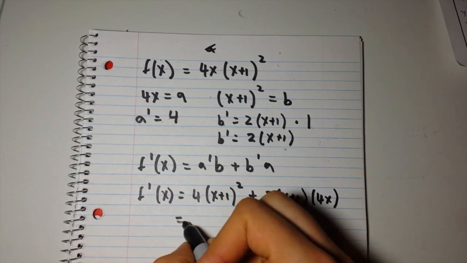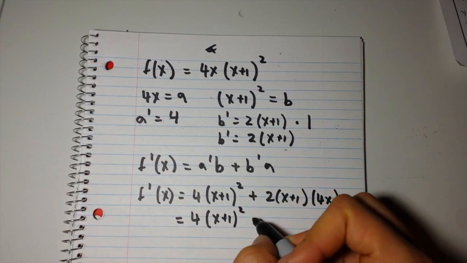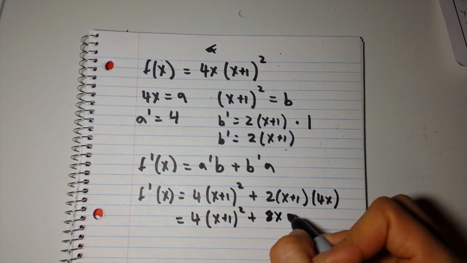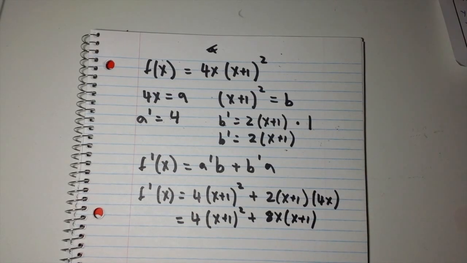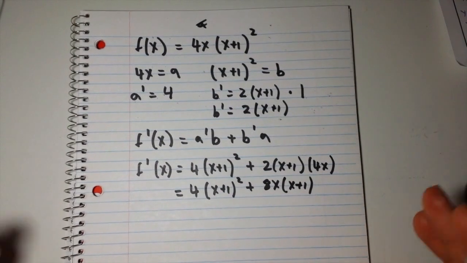To simplify, we can go 4 times x plus 1 squared plus 8x times x plus 1. We can even factor out an x plus 1 if we wanted to, but I don't think it's necessary in this case. So this is how we combine our chain rule and our product rule into one handy little thing here.